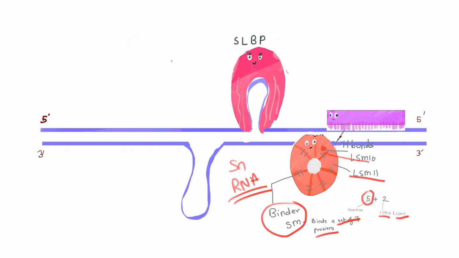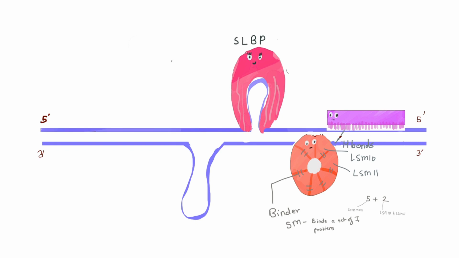I'm going to summarize this more properly. So the internal binding is by an Sm protein that binds a set of 7 proteins inside the U7 snRNA. There are 7 proteins out of which 5 are conserved, that is, they are common across a wide array of snRNAs, and 2 are just specific to this snRNA, which are the LSM10 and LSM11.